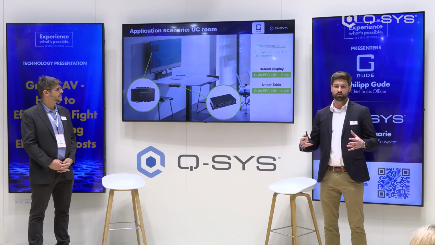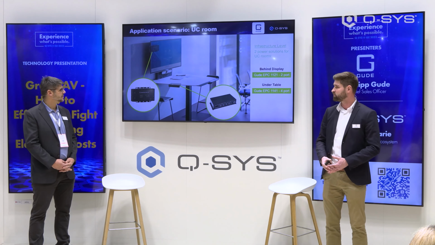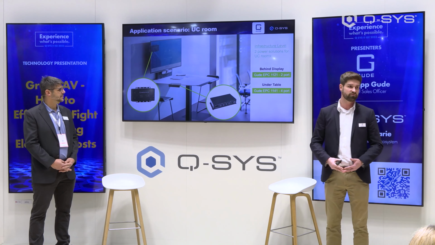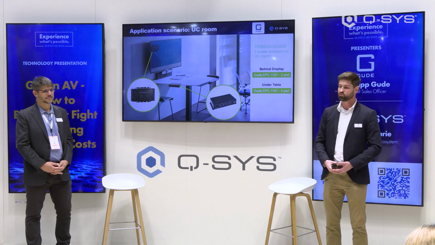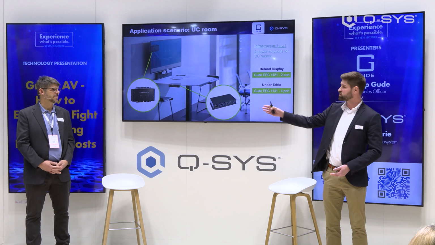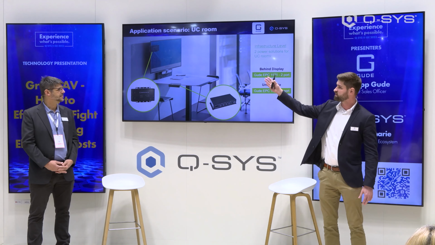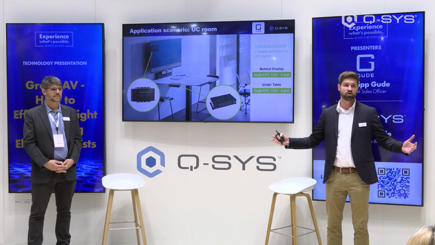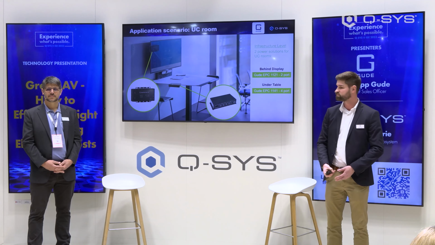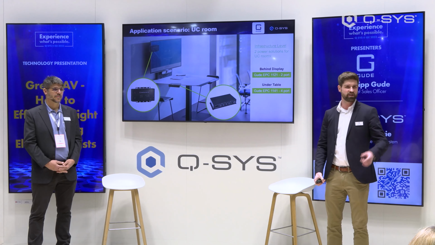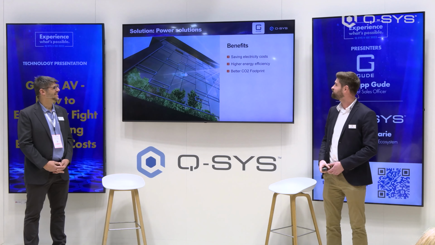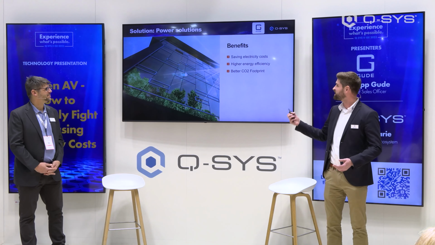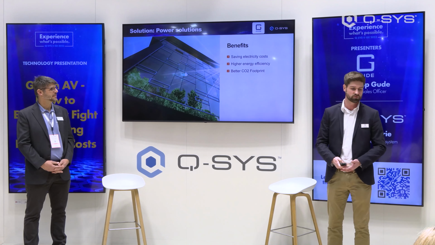The room gets smaller, and we developed new products for small solutions, so you can integrate us in every single room, from a 2-port switchable to a 4-port, for behind the TV, for small conference rooms. Right, take a picture. Here you go. The benefits for you at the end: saving electricity costs, higher energy efficiency, and a better CO2 footprint.